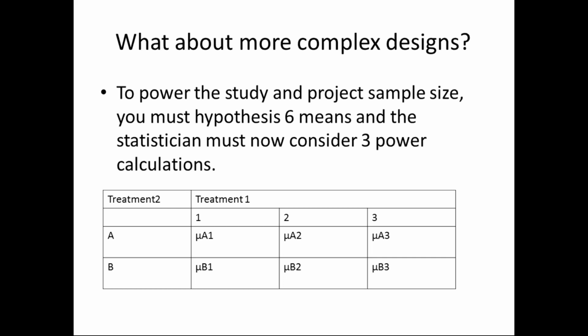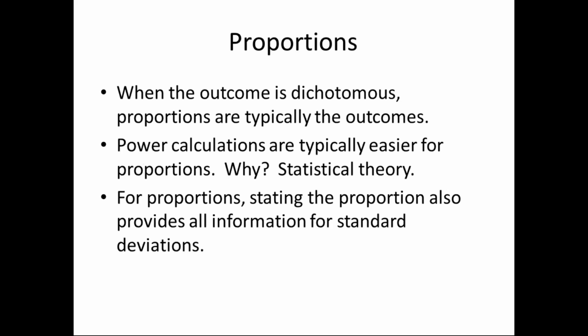Test of interaction is testing within and saying, are the differences constant as you move across the table? Okay, that's the best way to think about interaction. All those tests would be there. All of those would have to be powered, but they all go back to the same principle. Draw the curves, shade the curves.